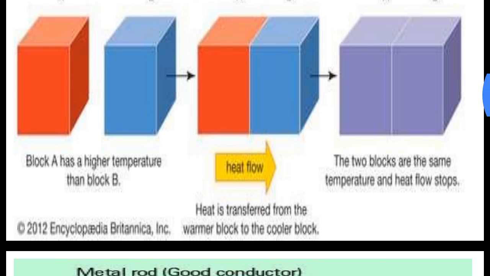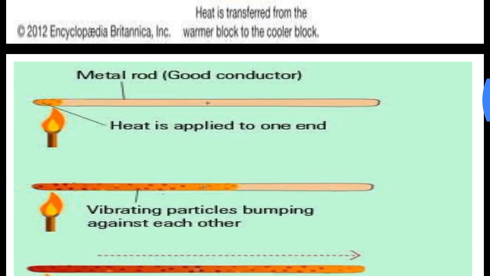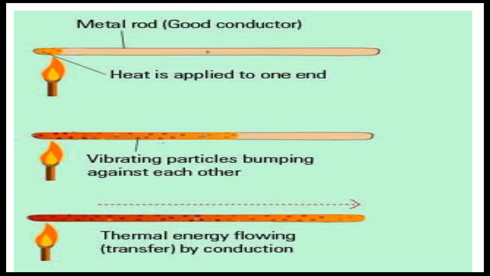Now let's move to the next thing. We'll discuss conduction first. Here you can see, you can do this activity at home. You can take a metal spoon, which is easily available at your home, and keep one end on the flame of a gas or a candle, holding it from the other end.